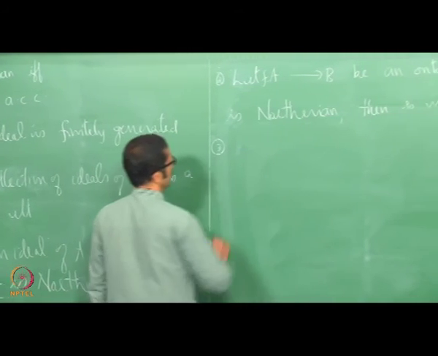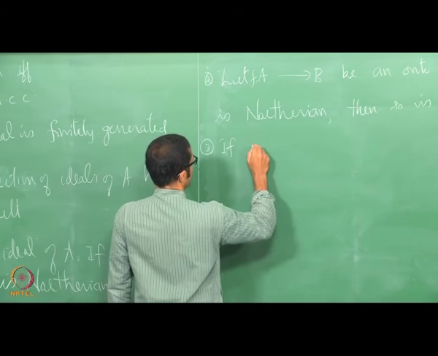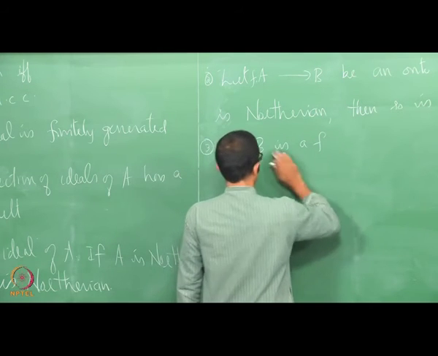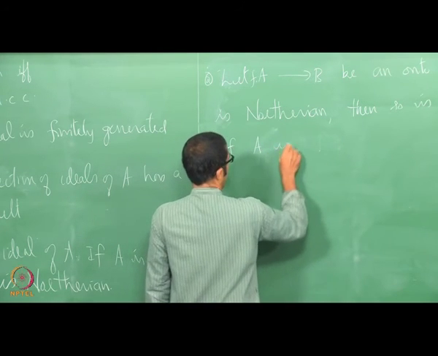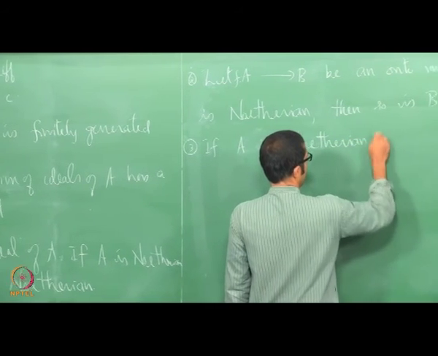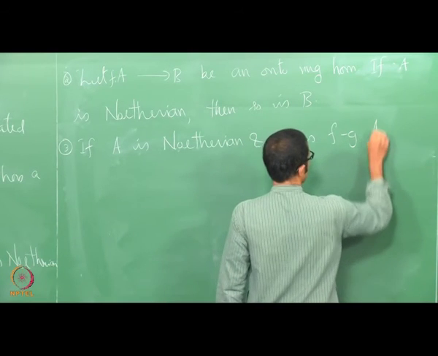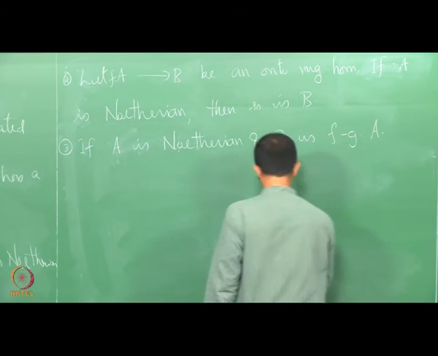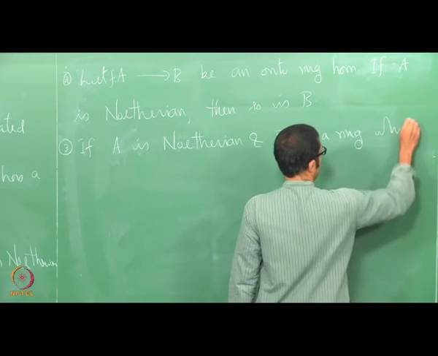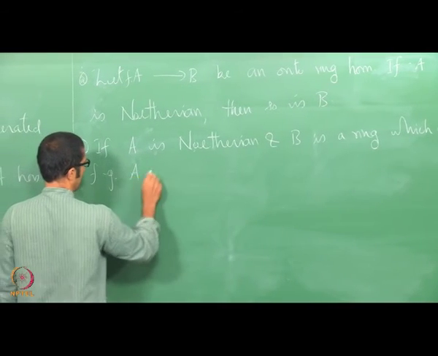Suppose A is Noetherian and B is a ring which is a finitely generated A module.